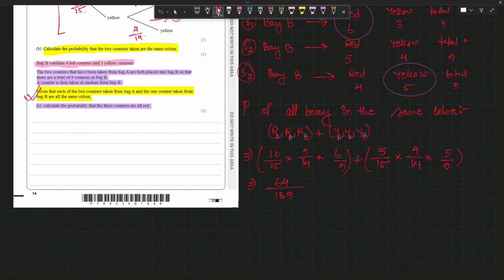So what does this question actually mean? First of all, what we have done until now is that we have found the probability of all the counters being the same color.